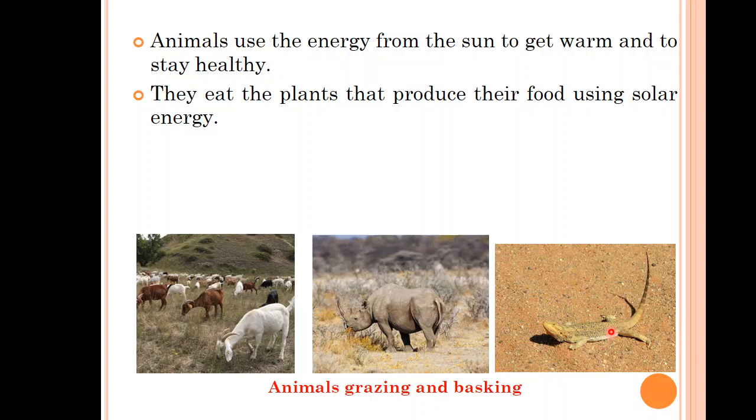So for warmth, animals need the energy from the sun, and also to stay healthy, and also to get their food. For them to get their food, the plants need to acquire that energy from the sun to grow, where they graze.